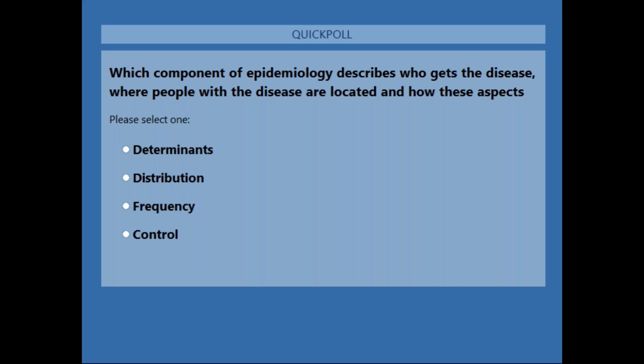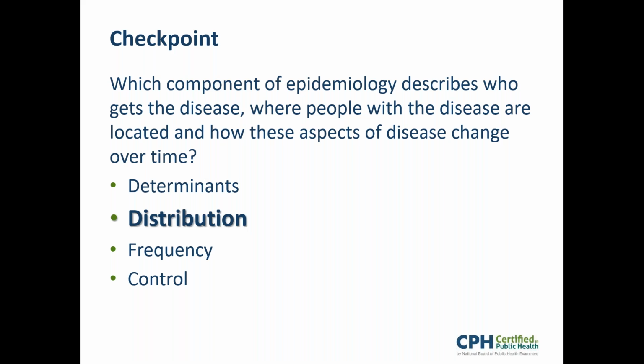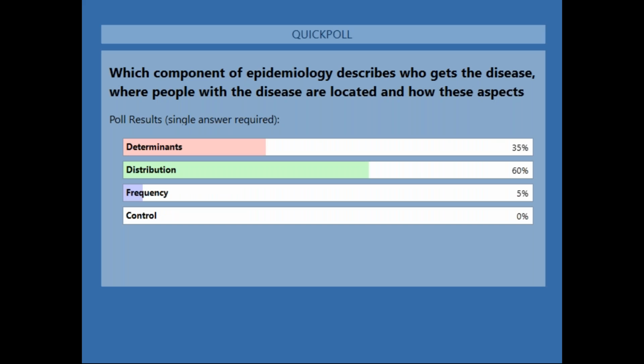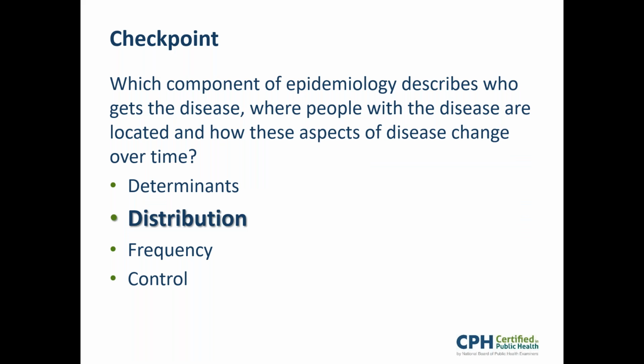Okay, so we have about 35% who said determinants, the majority said distribution, a few said frequency, and no votes for control. The correct answer is distribution, so that's great. The majority of the folks picked distribution. If you missed that, go back and look over the definition of epidemiology. All right, next slide.